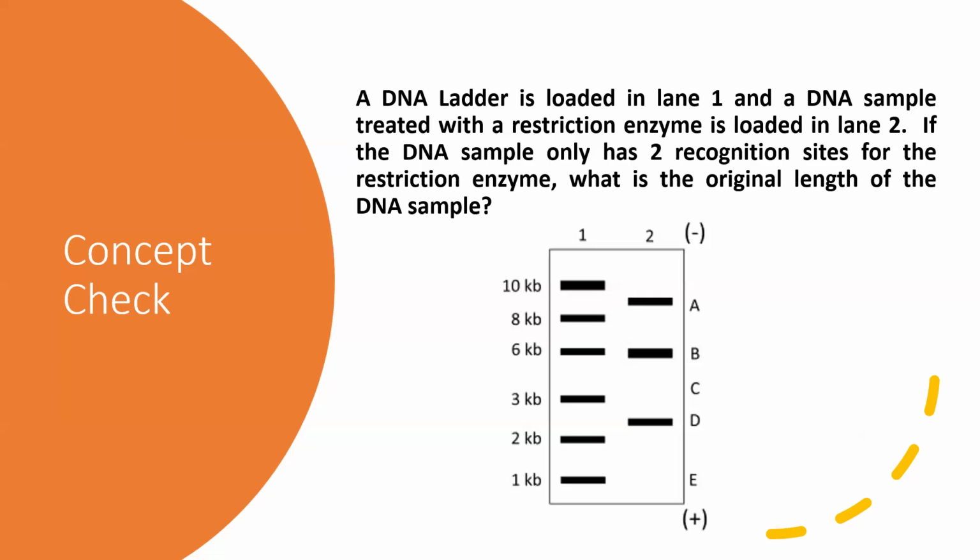And so 9 plus 6 is 15. How about this one? 2.5, exactly. So 9 plus 6 plus 2.5. What is that? Yeah, 17.5 kb. That's all.